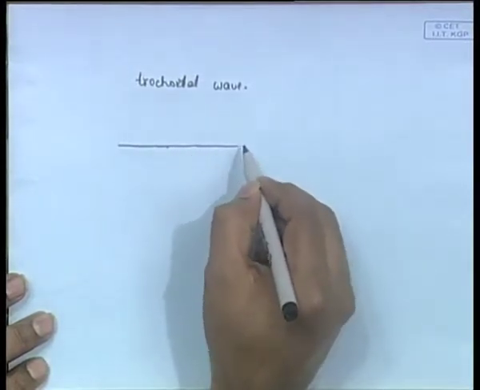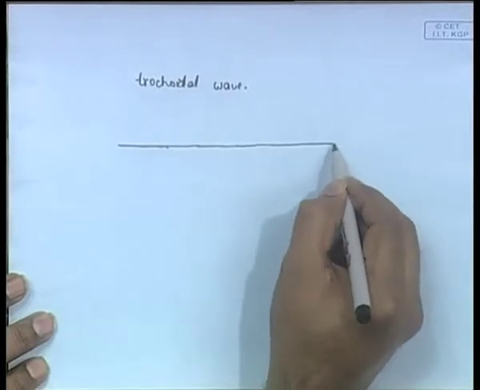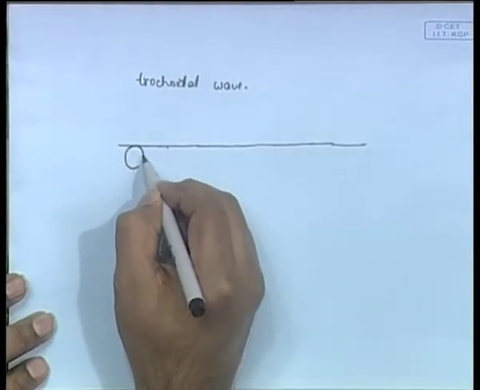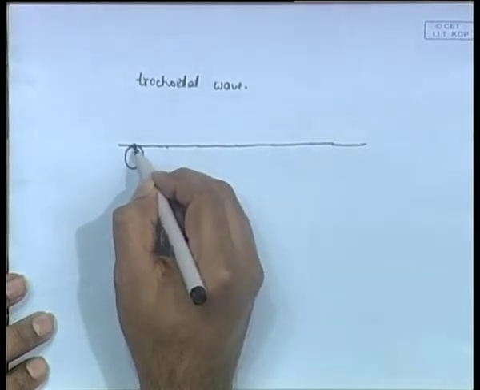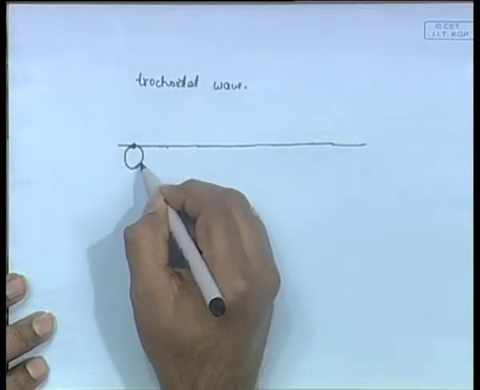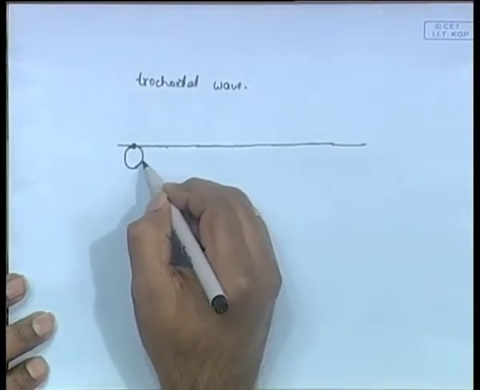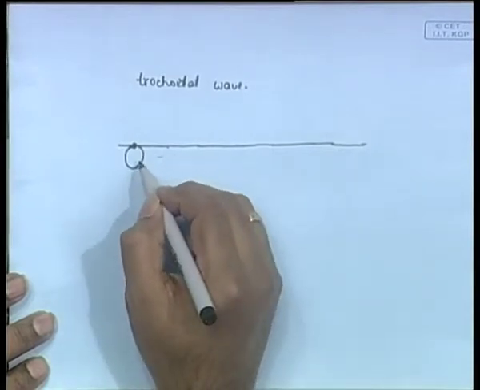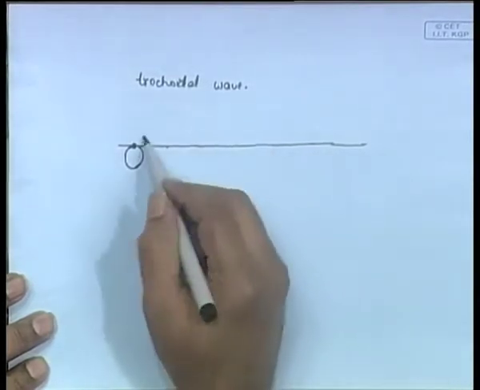Suppose you have a straight line, and suppose I have a circle here. Suppose you consider a point on the circle, and the circle rotates like this. It rotates and it moves along the underside of this straight line.